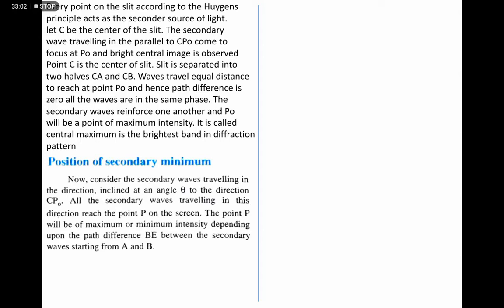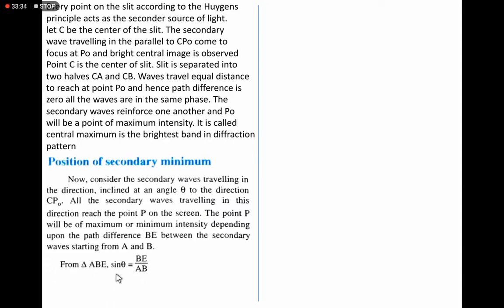It is shown in the diagram, slightly diverging by an angle theta, and it passes through the lens and reaches point P. Whether point P has maximum or minimum intensity depends on the path difference, that is BE.